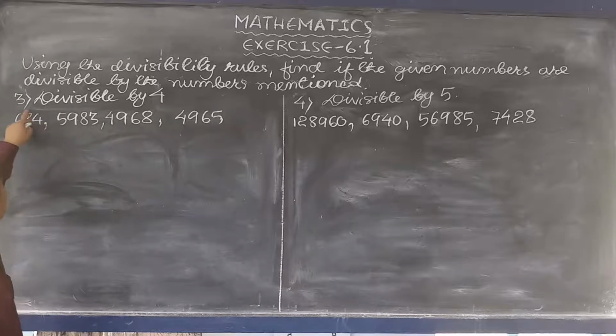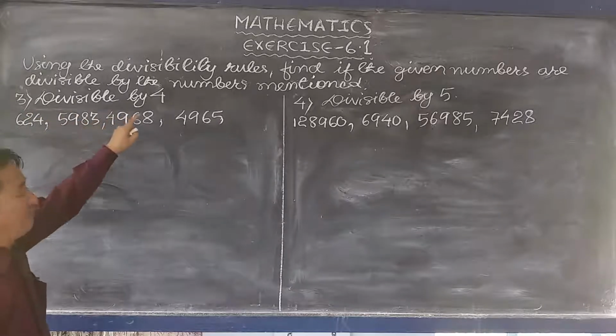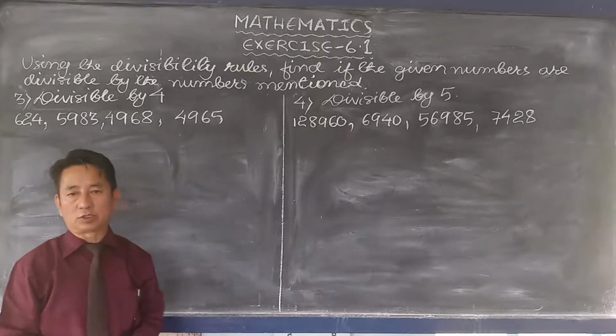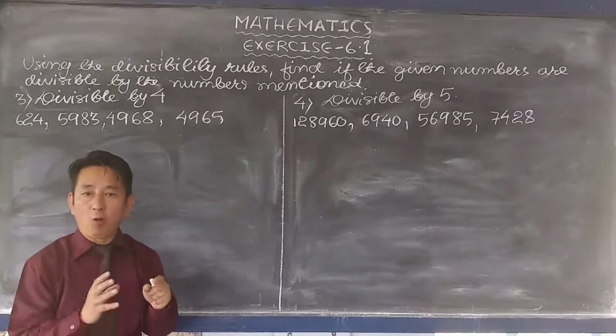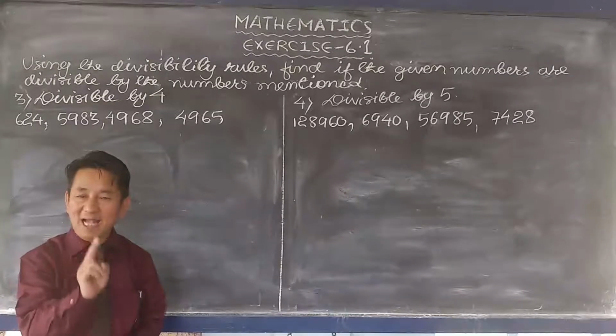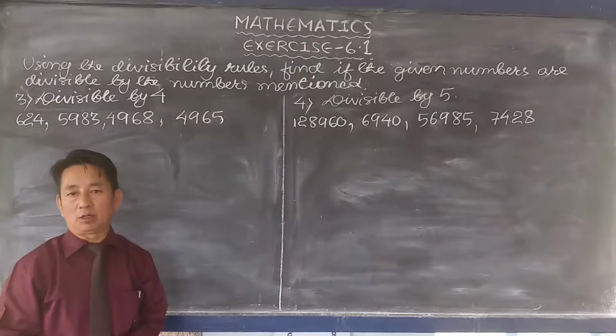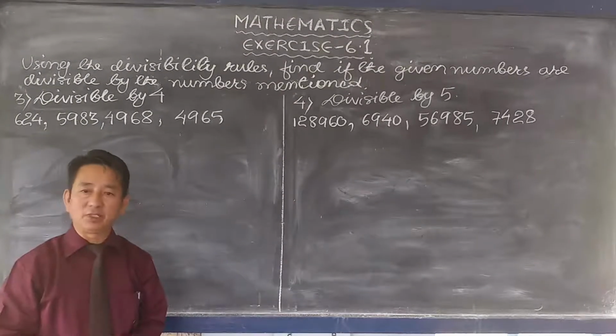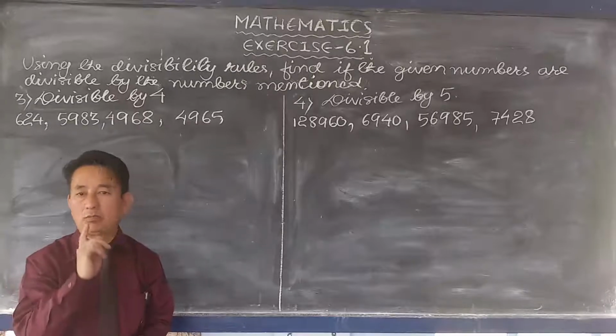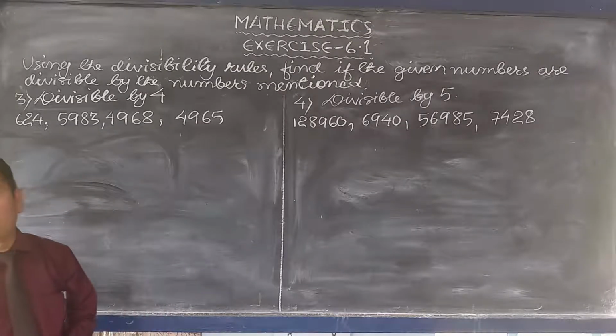Question number 3, divisible by 4. Suppose the number formed by the last 2 digits of the number is divisible by 4, then the number is divisible by 4.